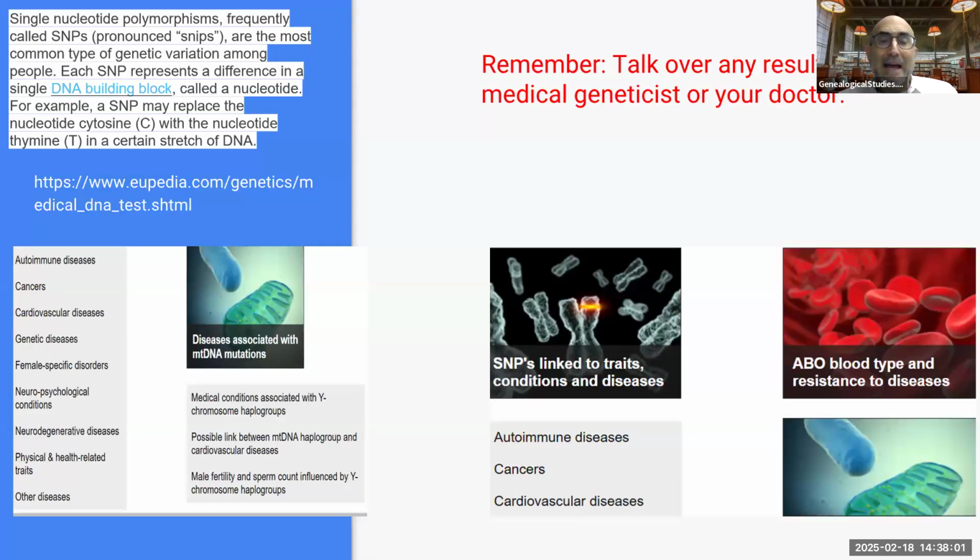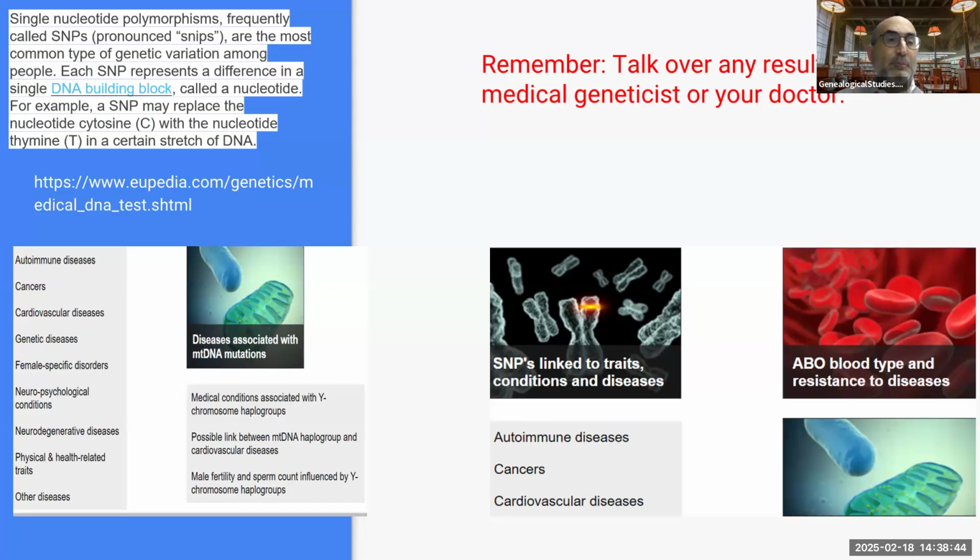Now, they also have listings of SNPs and how they connect to certain diseases. An SNP is a genetic variation among people. It's a place on your nucleotide where there's a certain code, for example, a C instead of a T, or an A instead of a G. It's that difference at that place which is used, for example, to show other people who have that mutation, to see if you match and could be related.